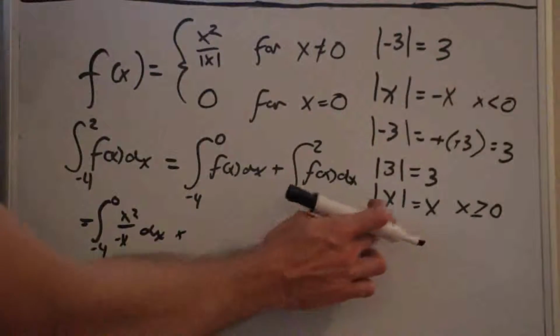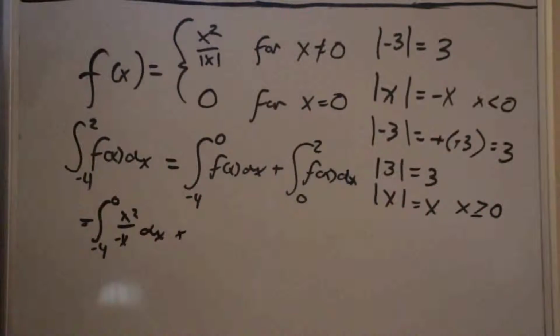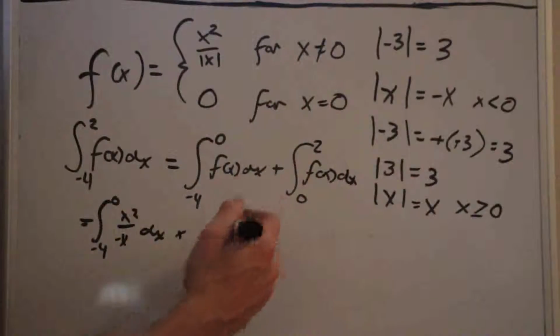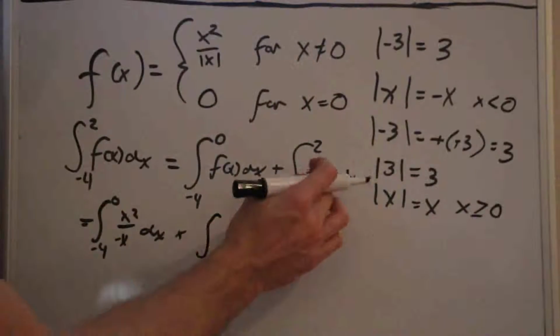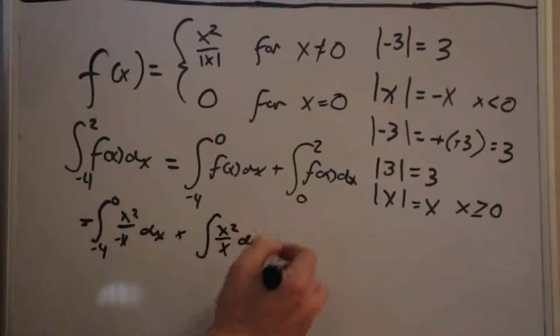But let's just look at this. The absolute value of x equals x when x is greater than or equal to 0. The absolute value of 3 just equals 3. So for the positive region, 0 to 2, my f of x becomes x squared over just regular x, so that becomes x squared over x dx.